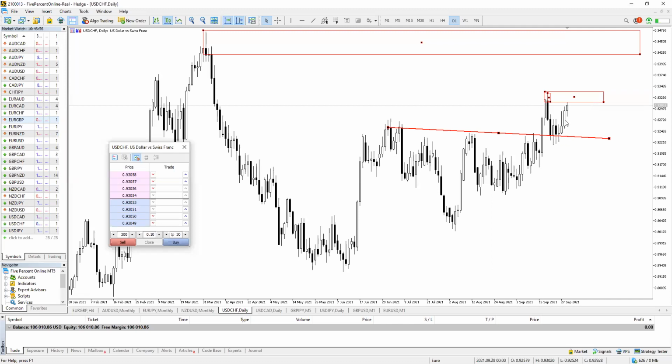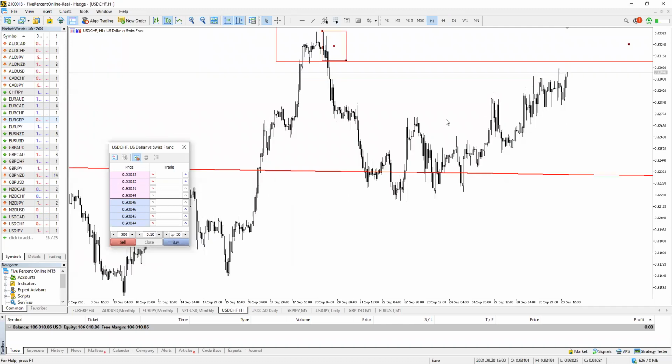This looks healthy on the dailies, but when we go to the hourlies, we see the compression, the up and down movement, all this channel right here. So I don't know if this is going to gain momentum and break the supply, or it's going to react and go lower. I don't know.